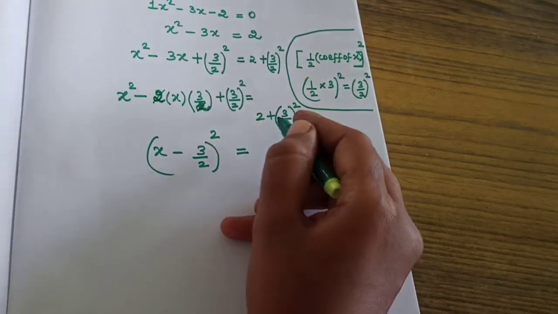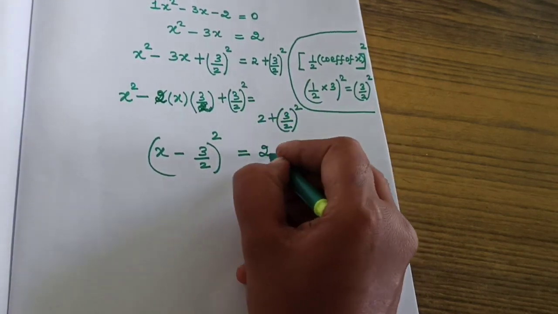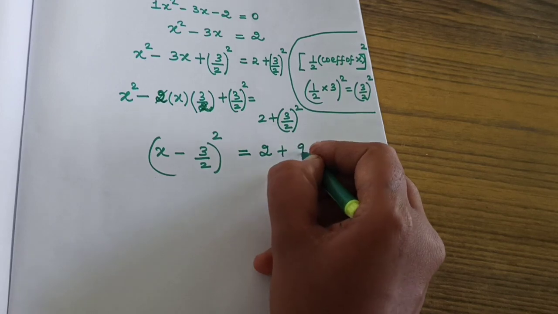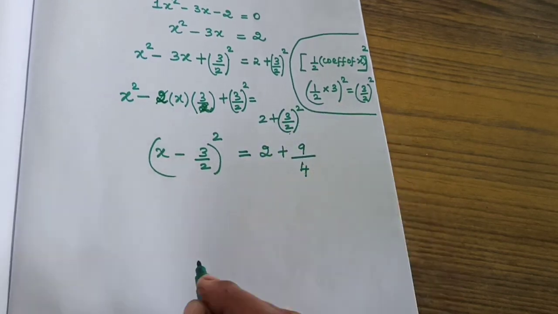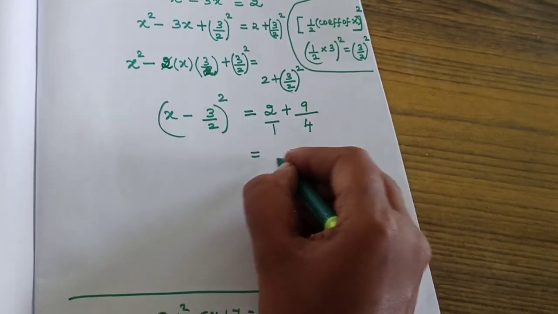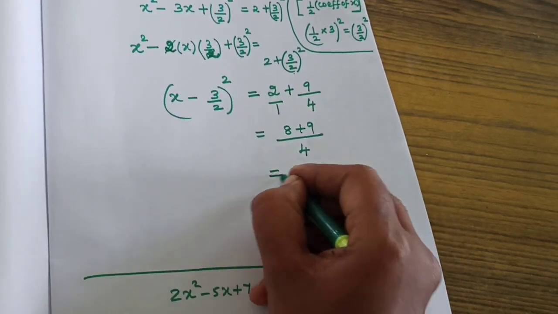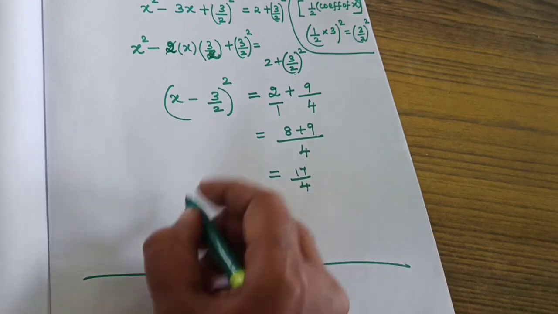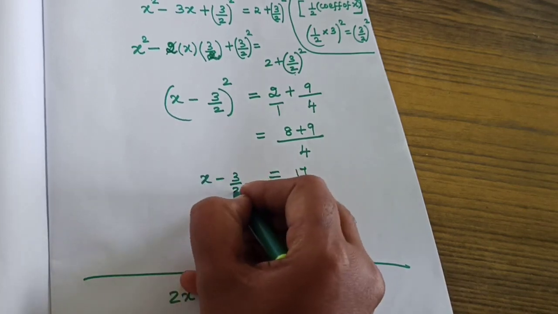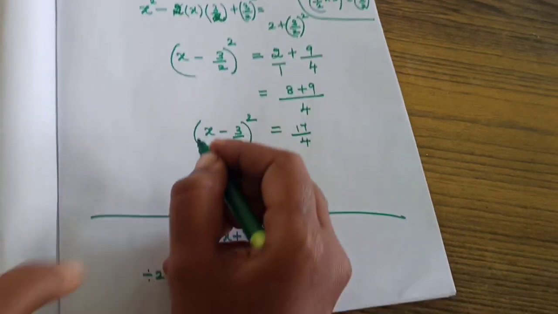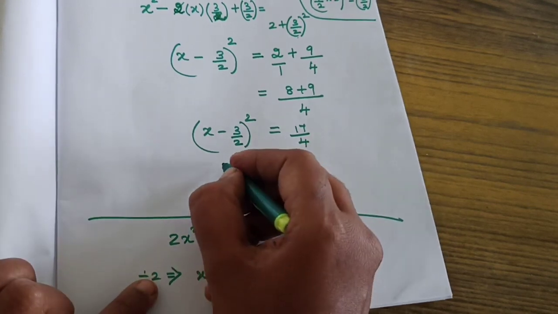which is equal to, just calculate this, 2 plus 3 square is 9 by 2 square is 4. Then take the LCM, 4, then 8 plus 9, which is equal to 17 by 4. So x minus 3 by 2 the whole square. Then take the square on the opposite side.